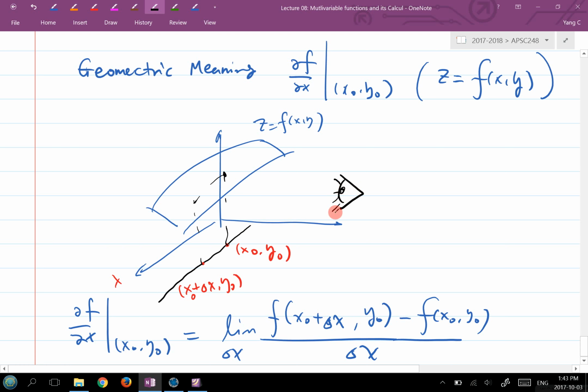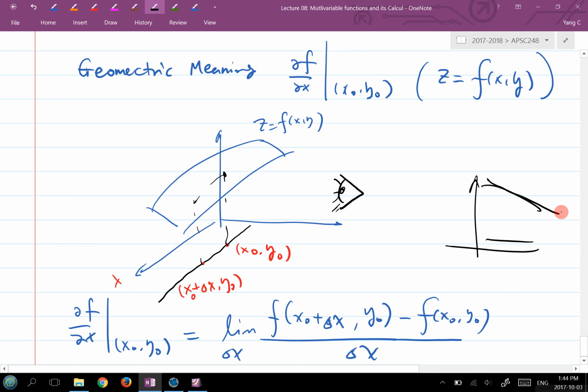When you look from this direction in front of you, all you see is a plane, right? You see a curve, and then you have a straight line in here. It's the same way as if you're doing a single variable function. All you're looking at is essentially a slope.